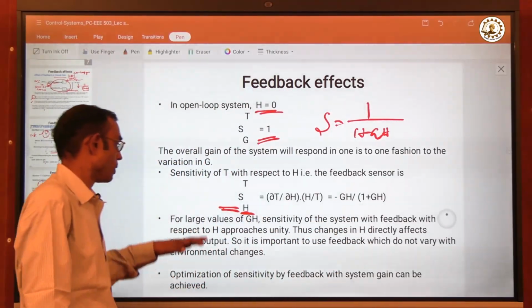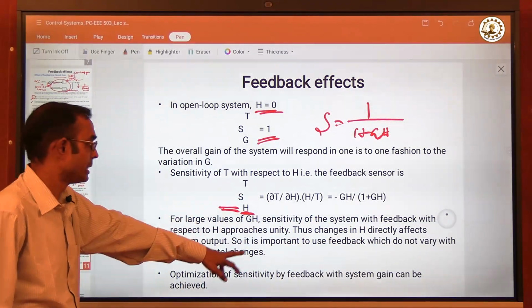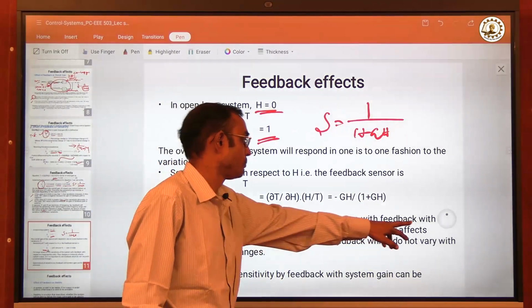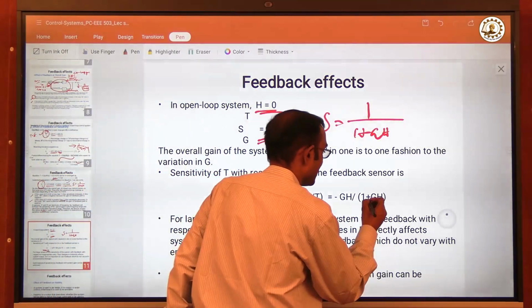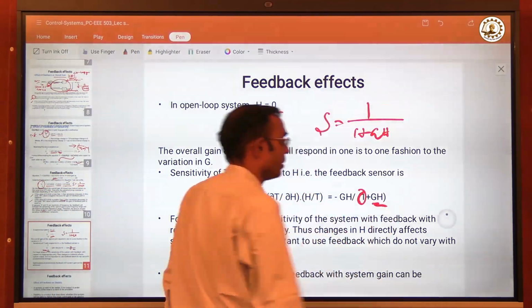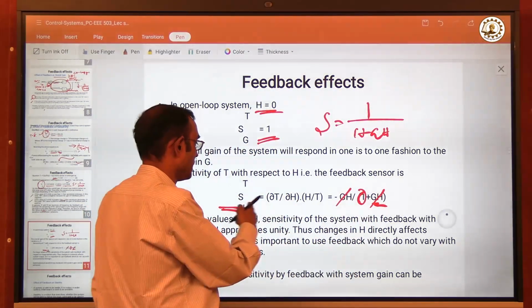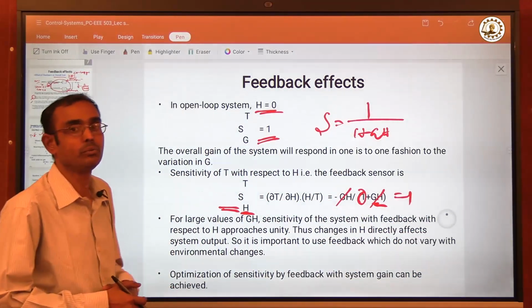If gh is large, the sensitivity of the system with feedback with respect to h approaches unity. In that case, the 1 can be neglected with respect to gh, gh gets cancelled, and this S will be equal to 1.